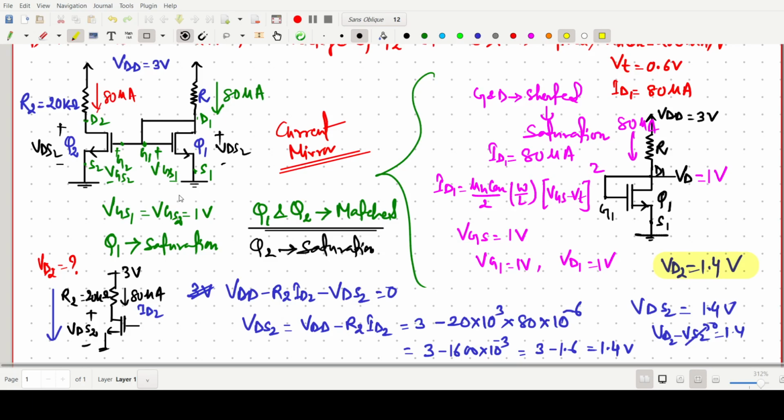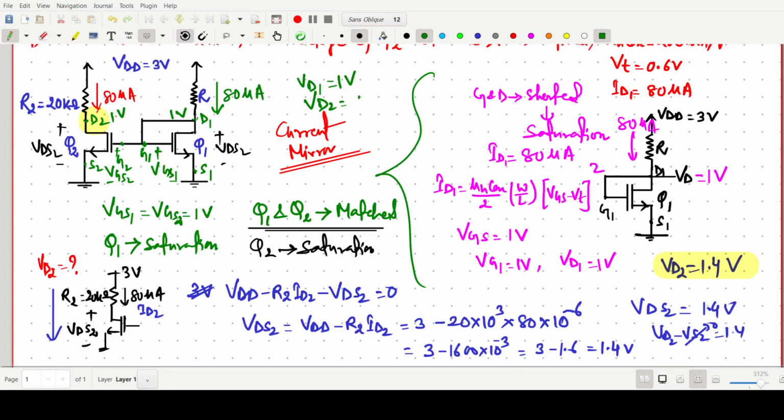Sorry, 1.4 volt, but here this voltage will be 1 volt. Okay, this VD1 is around 1 volt, but VD2 is how much? 1.4 volt. We have to write 1.4 volt.